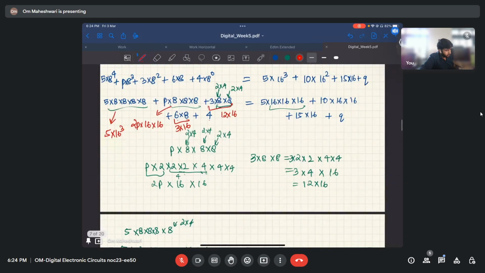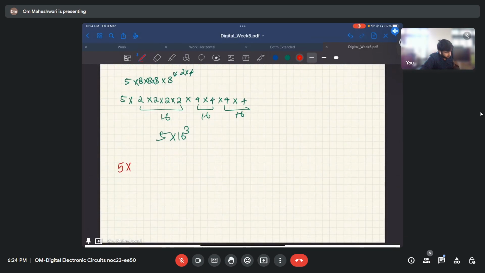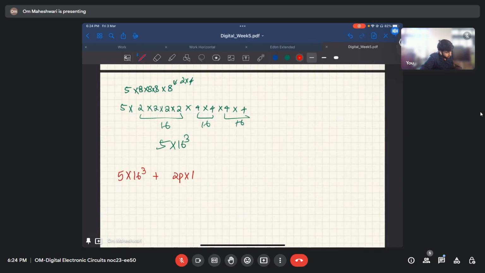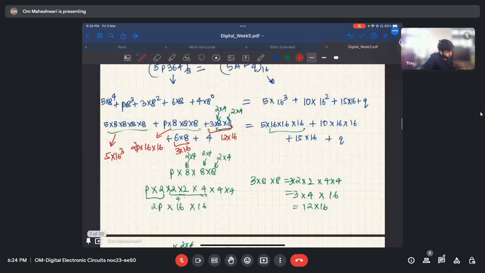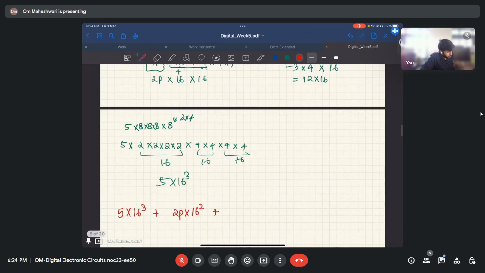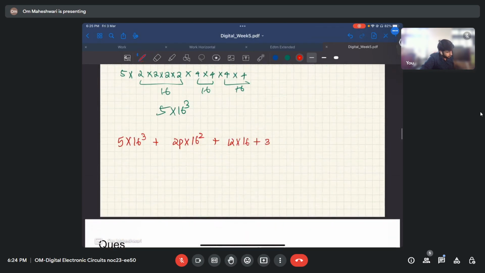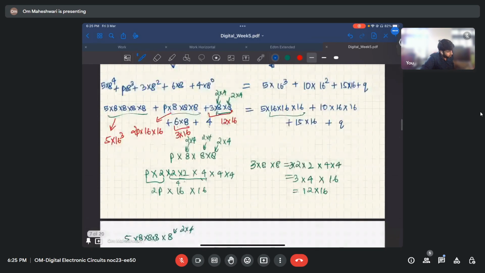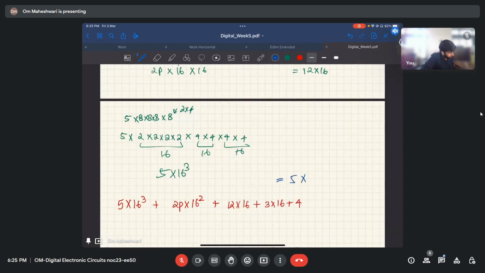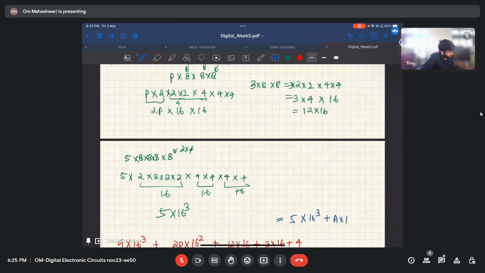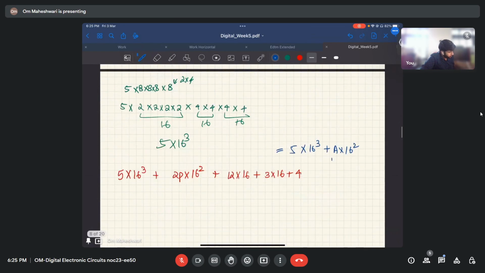So what we have now from this side, we have 5 into 16 cube plus 2p into 16 square plus 12 into 16 plus 3 into 16 plus 4. And on RHS we have 5 into 16 cube plus a into 16 square plus f into 16 plus q.